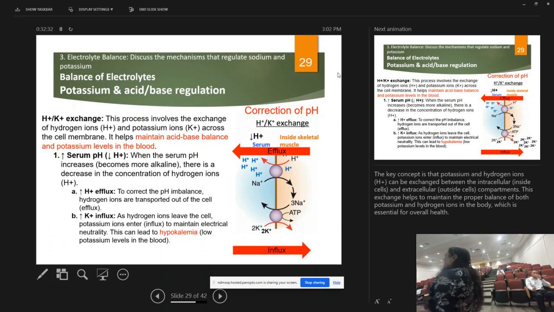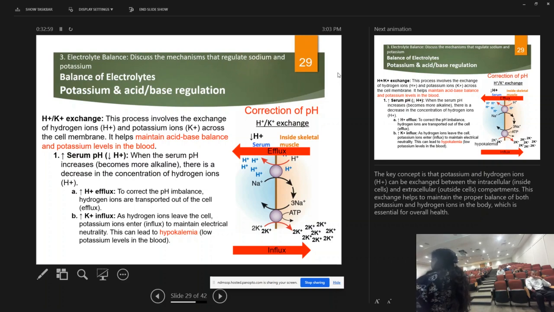As you're bringing more proton, this pump goes together with the other, so it has to move more potassium in. So if this keeps on working, what do you think will happen? The more the pH is being corrected, the more potassium is going in, which can lead to what?